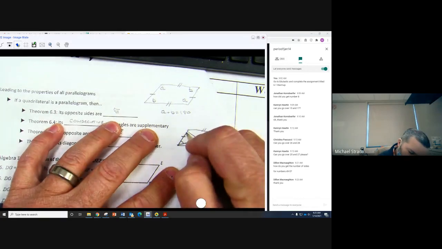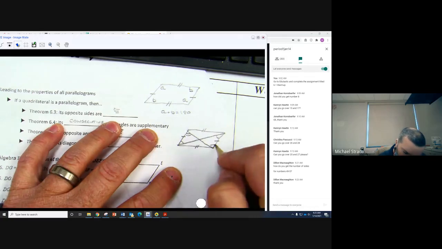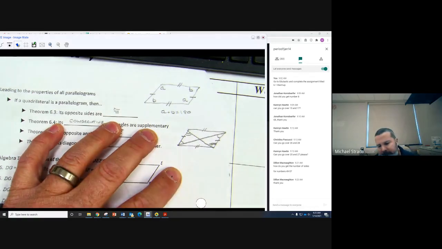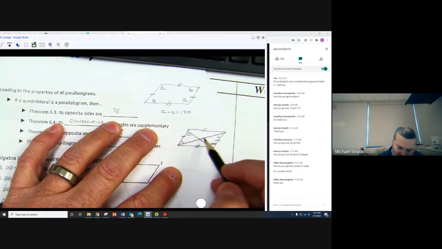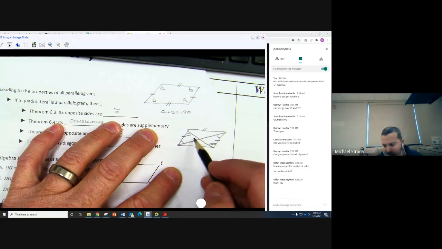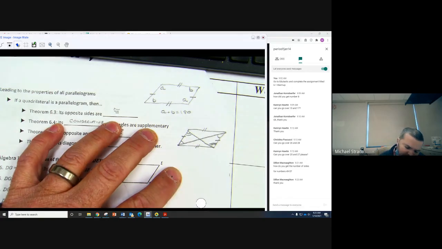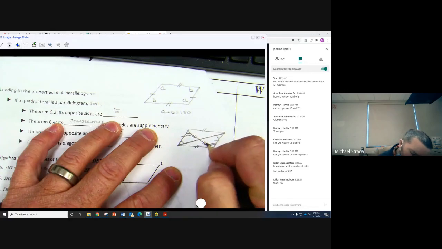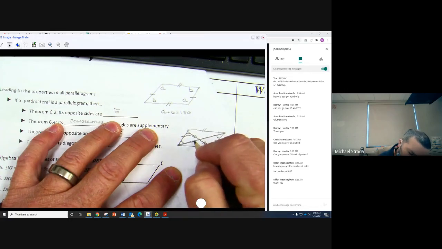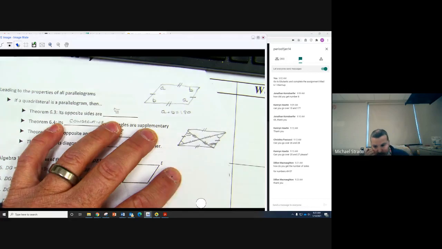This angle is congruent to that angle by alternate interior angle. These two triangles are congruent, all right, by either angle, side, angle, or if you use the vertical angles, angle, angle, side. And then that is congruent to that by CPCTC.